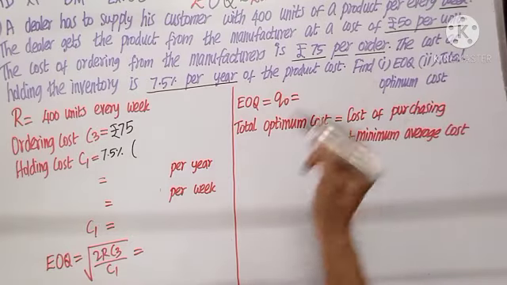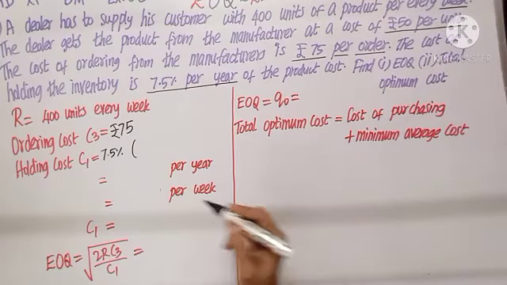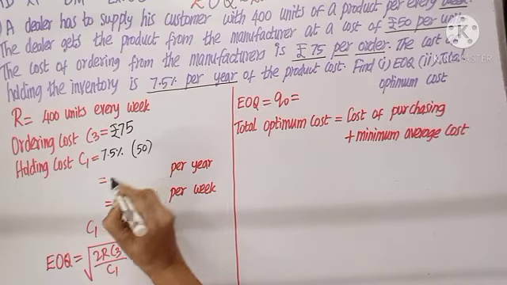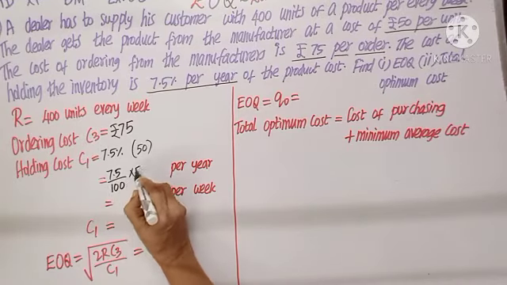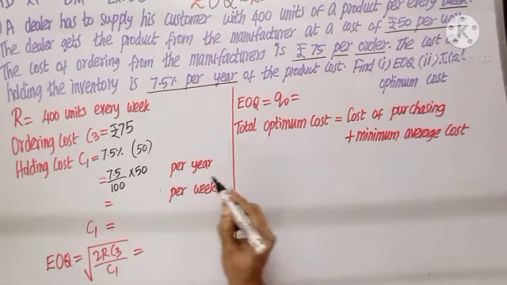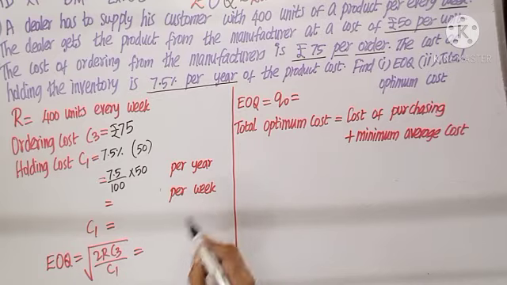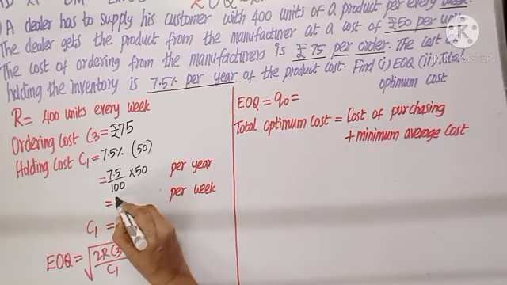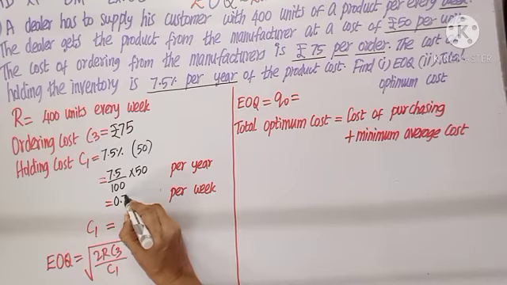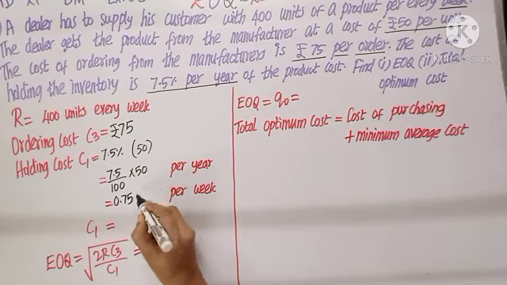What is the unit cost? It is 50. So how do I write it? 7.5 by 100 into 50. This is per year. But I want to calculate it for week. In 1 year, there are 52 weeks.